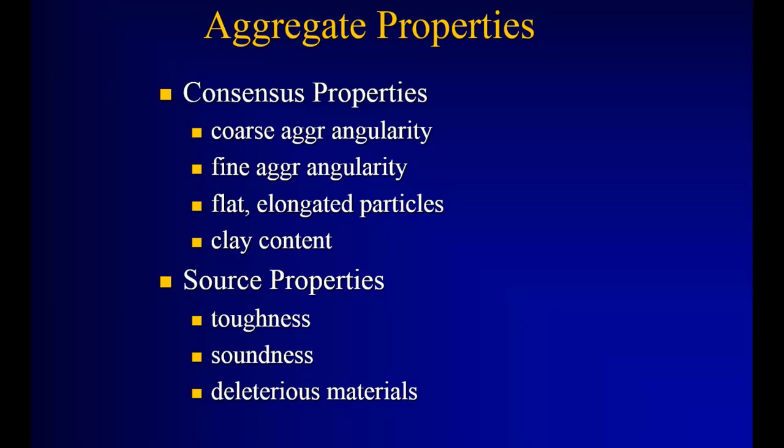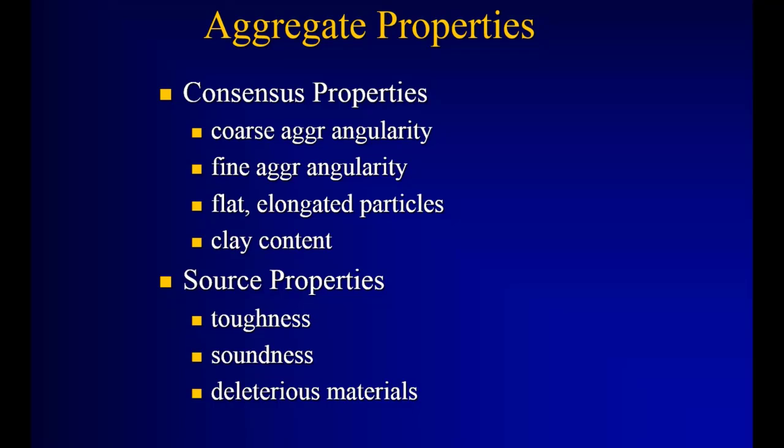So it'll keep asphalt from coating on the aggregate, which is very hard to see with the human eye. But when it gets out in the field and that coating doesn't bond real well, what happens over time, exposed to traffic, wet, dry cycles and so forth, is it'll actually strip. The asphalt will come off the aggregate.